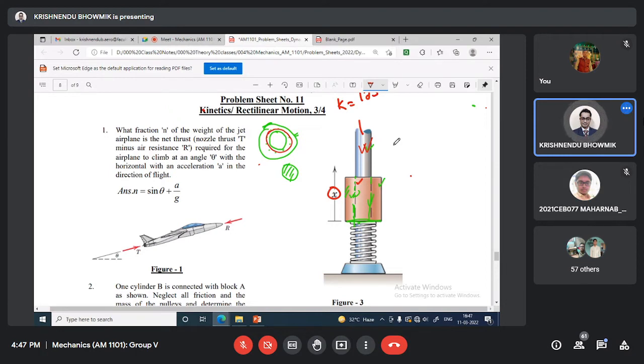If you try, then what will happen? If you compress the spring a little bit and release it, the spring will leave from that length. It will move away. Yes, it's a similar problem.